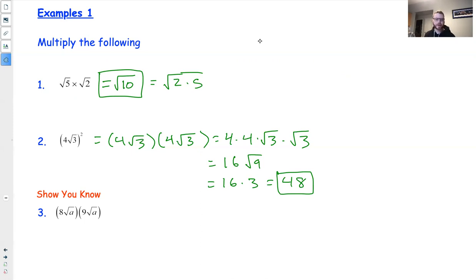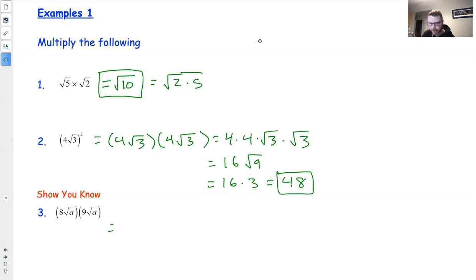For this last one here, we have variables as our radicand instead of numbers, and that's okay. We'll just treat it like we would for polynomial multiplication. So we have 8 root a multiplied by 9 root a. We will multiply the numbers out front, and we will multiply the radicands together as well.